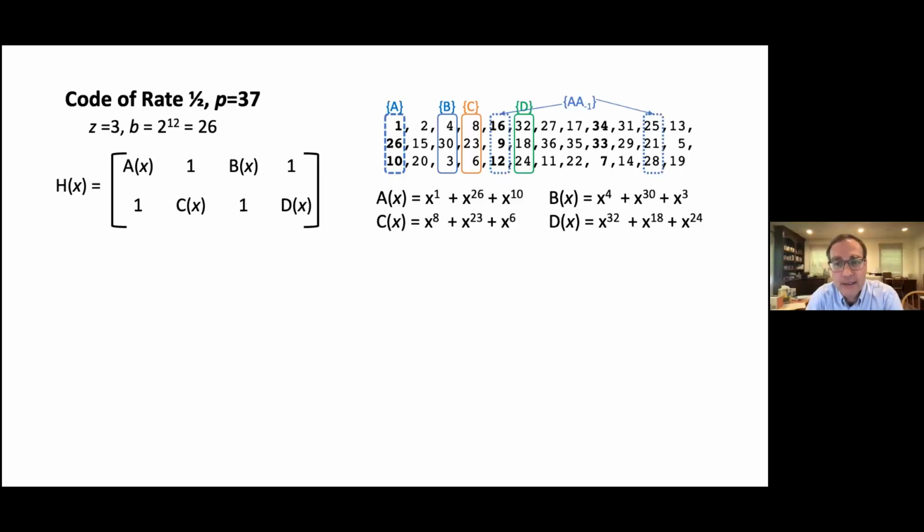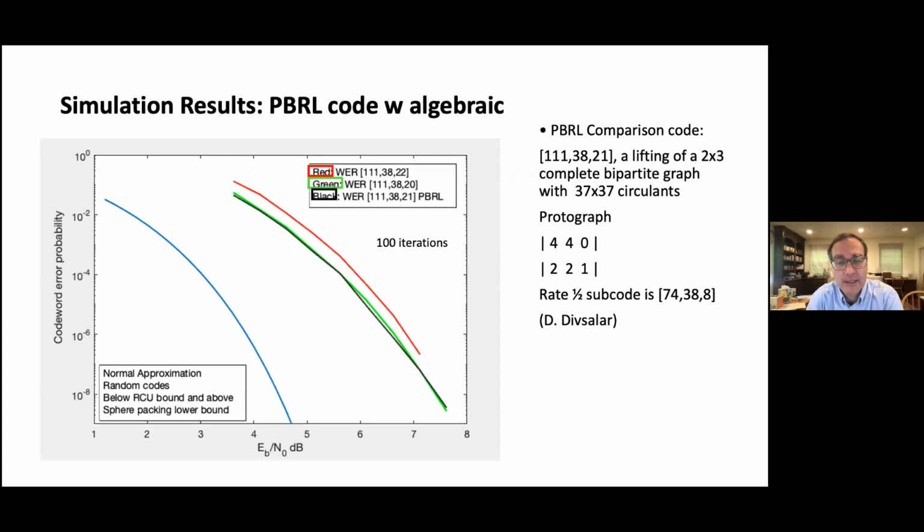Well, I'm interested in, Dariush, what's the connection between your PBRL code and Michael's automorphism codes? What I did essentially for high rate, I restricted the degree to 4 in order to get good, not as observing, error floors.